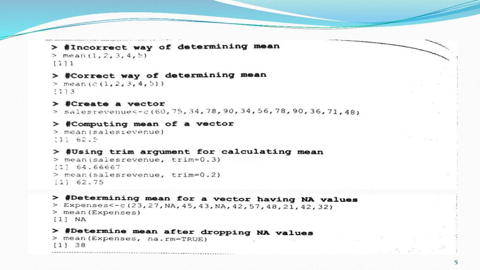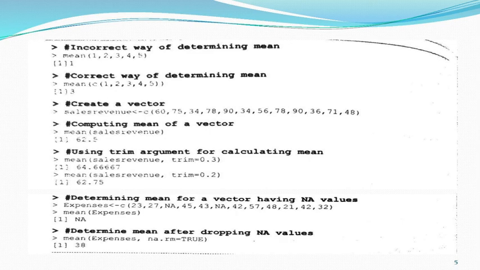Rather than calculating the mean of the vector created inside the mean function, we can create a vector and then calculate mean on the vector. This is shown in the next command, wherein a vector named sales revenue is created. The mean function applied shows that average monthly sales revenue is 62.5.